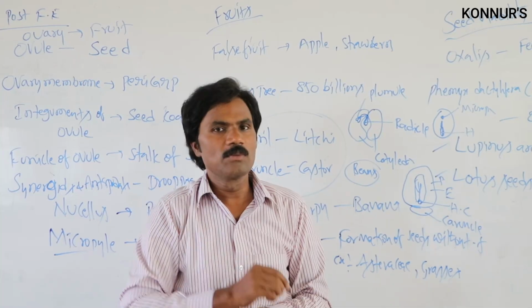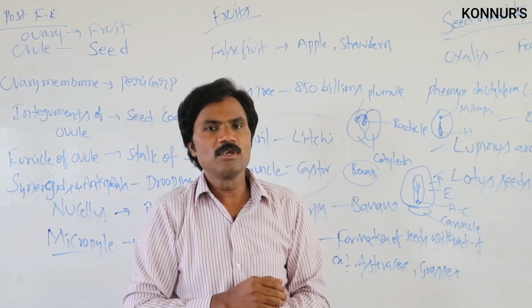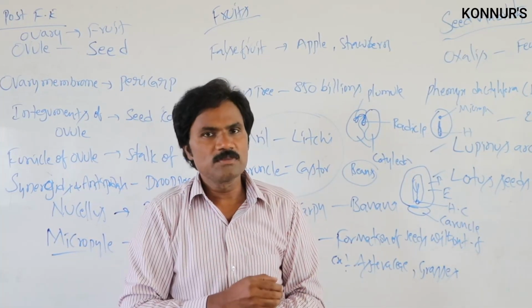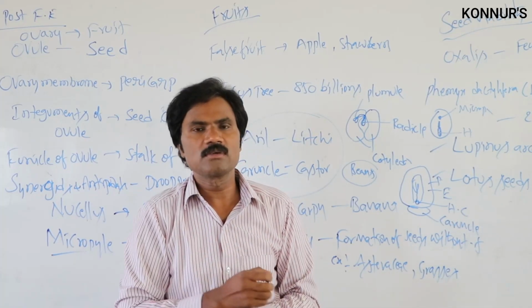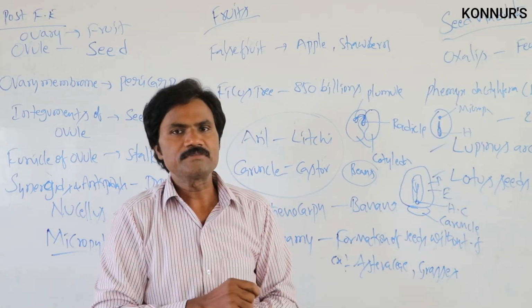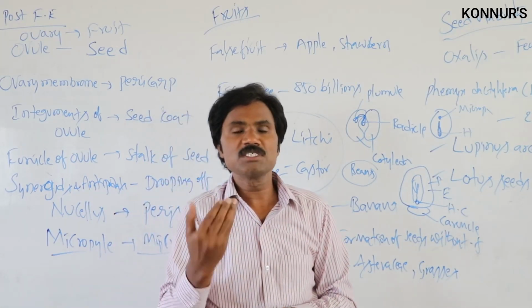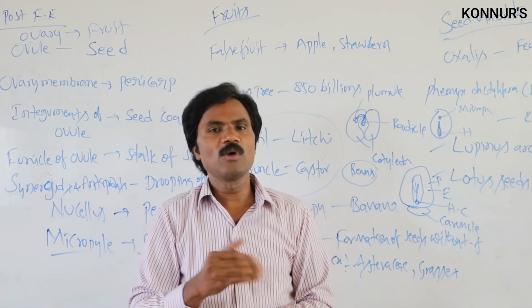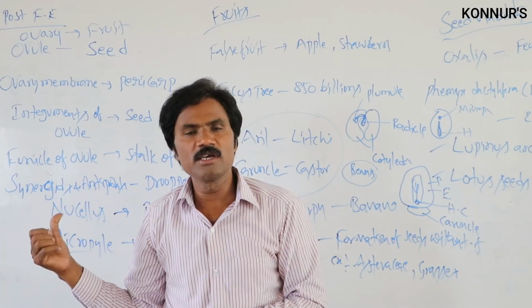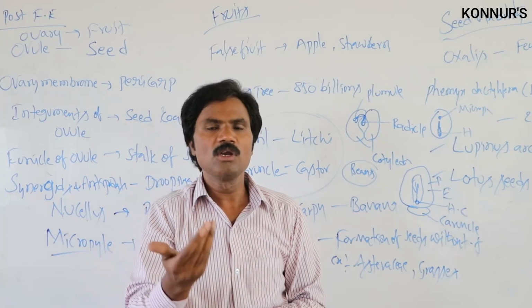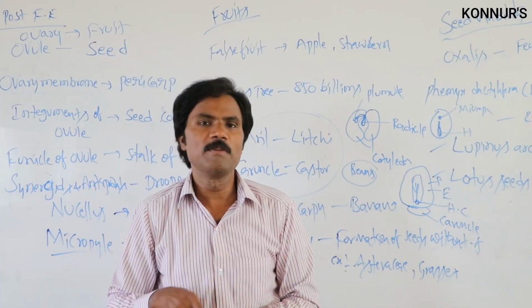Then types of endosperms. Another very important one, many times they ask the function of tapetum. Then how many functional megaspores are normally observable. In polyembryonic condition, more than one; normally only one functional megaspore will be present.